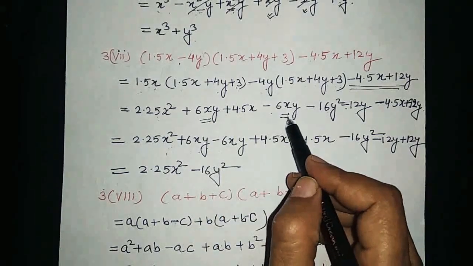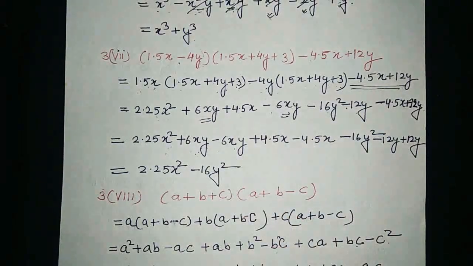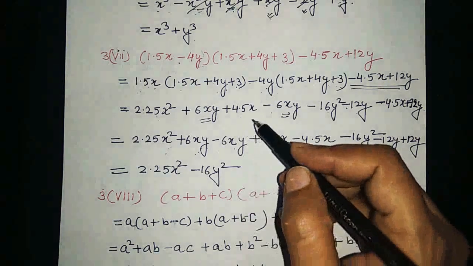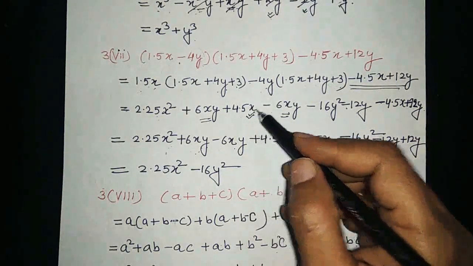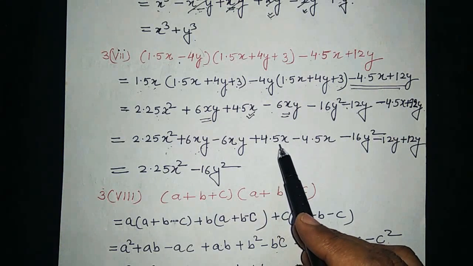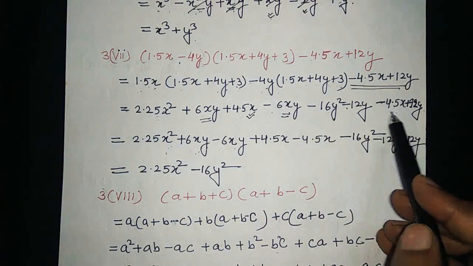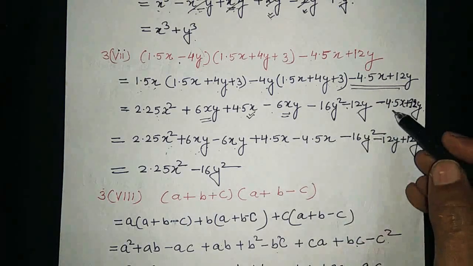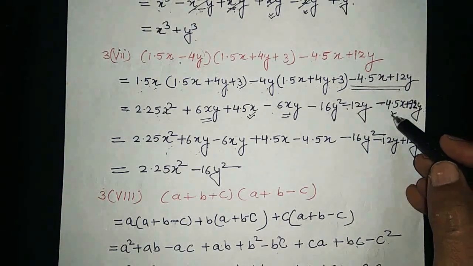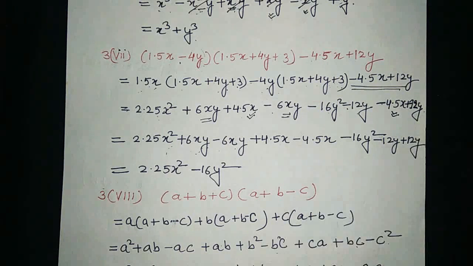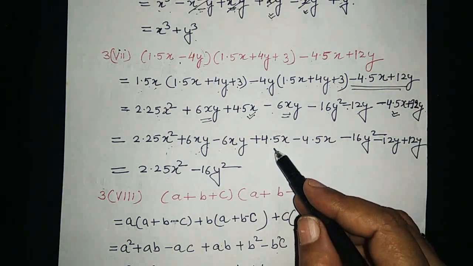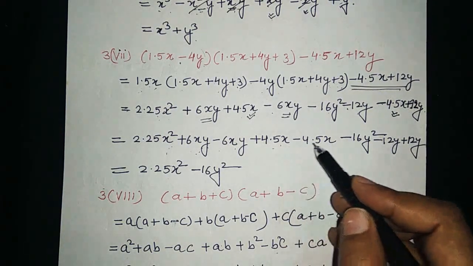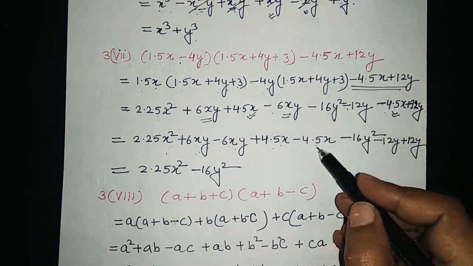Okay. Here we will write both. Now we will write this 4.5x. Again we will search for such a like term. Here we are getting minus 4.5x. So here after 4.5x you will write minus 4.5x.